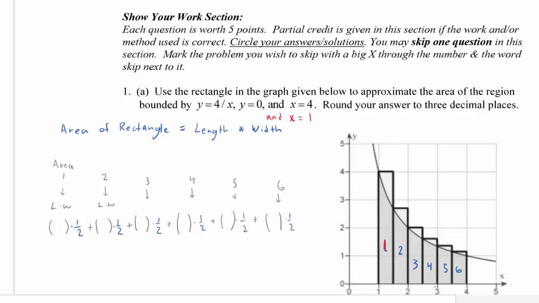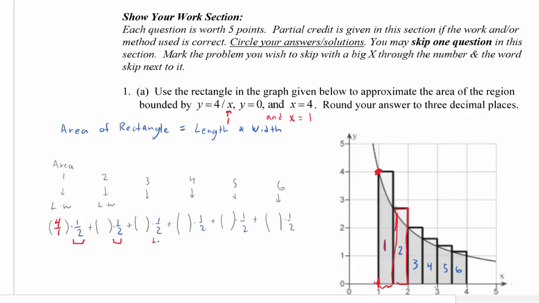The first rectangle here has a width of 1/2, and it has a height that is determined by the y value of our function at x equals 1. So we plug 1 into our function here, and we get 4 over 1. Our next rectangle, the width is the same, 1/2.